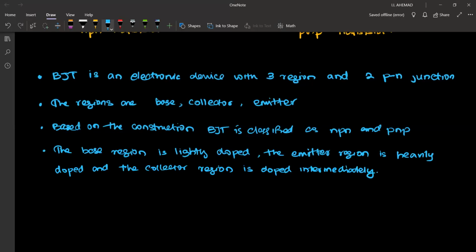So if we arrange the level of doping, Ne is doped heavily, next Nc, next Nb, where N is the level of doping.